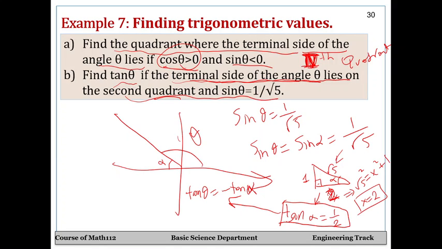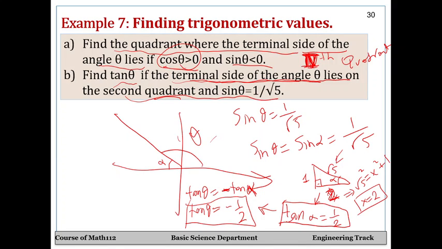Sorry, minus tangent alpha. So the relation between the reference angle and the angle itself is minus here, and then you say minus 1 over 2. So you can say it's minus 1 over 2.